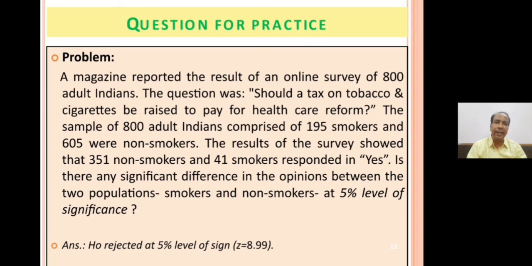The sample of 800 Indians comprised 195 smokers and 605 non-smokers. It resulted in 351 non-smokers and 51 smokers responding yes. That means they said the tax should be increased.